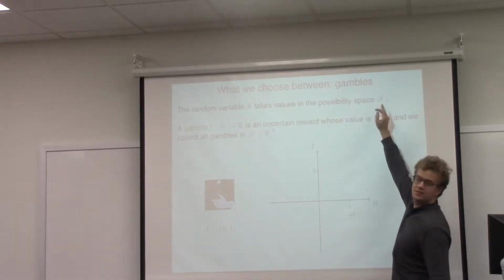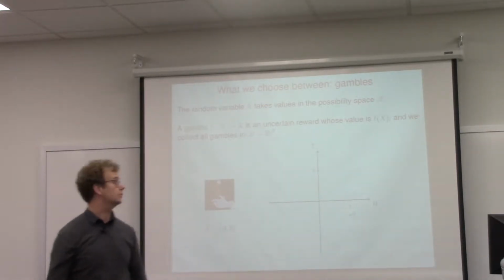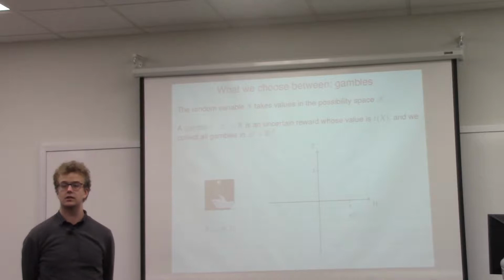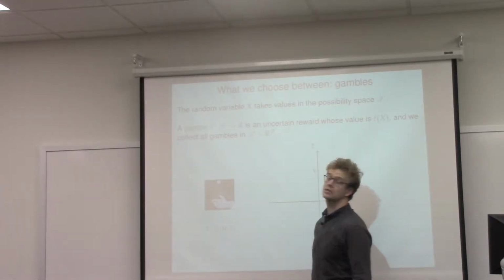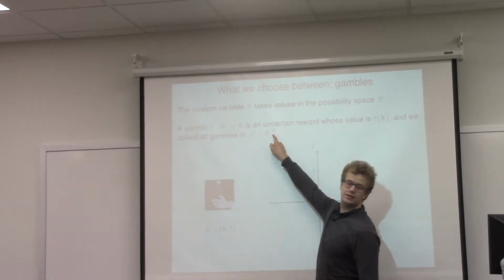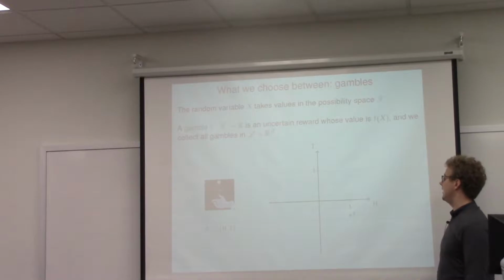Then a gamble is just a real valued function on this possibility space. So a gamble is a vector with real components and as many components as there are elements in curly X. So we can depict a gamble graphically.